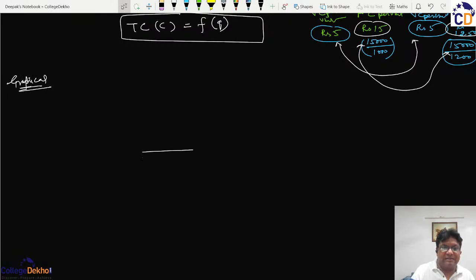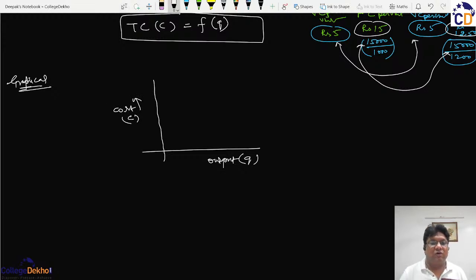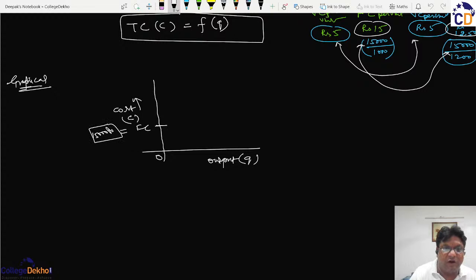So if we draw all these things on a graph, on the x-axis we take the output, that is the quantity, and on the y-axis we take the cost, that is the amount, that is C. This figure 0 denotes that at 0 output the cost is 0, but that is not the case, because there will always be a fixed cost of 15,000 rupees which will be incurred even if the output is 0.